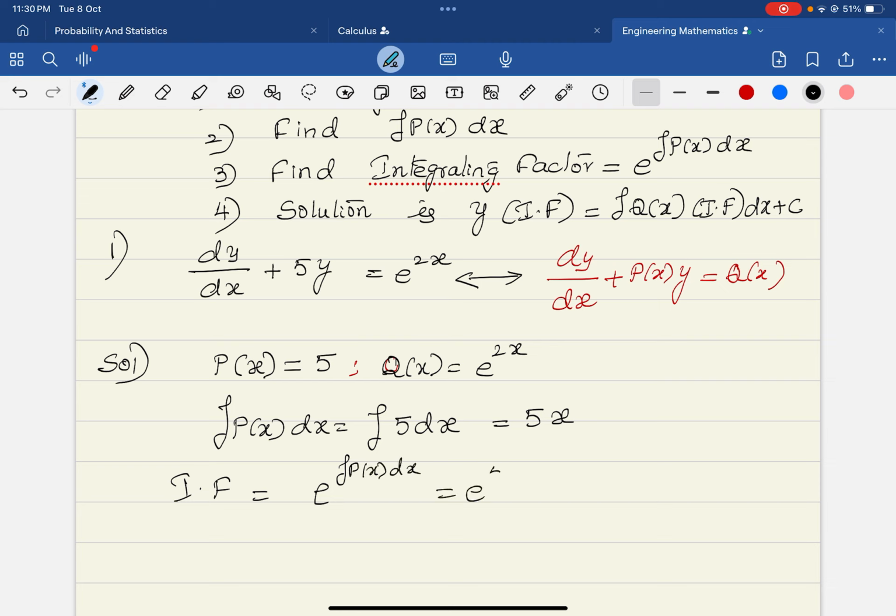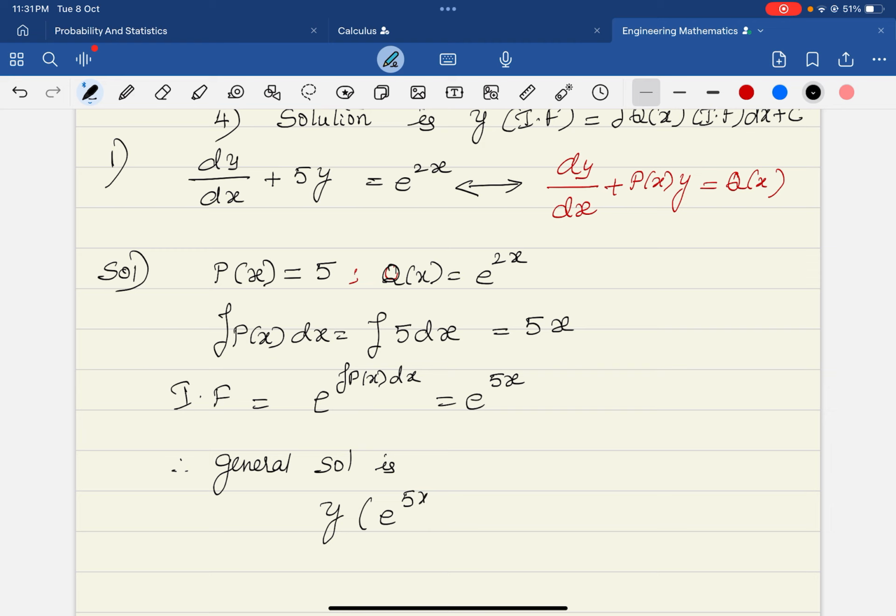Now we can write down the general solution. What is the general solution for this? It is given by y times the integrating factor, e raised to 5x, is equal to integral of q of x, which is e raised to 2x, into the integrating factor e raised to 5x, dx. So what is the integral of e raised to 2x into e raised to 5x?